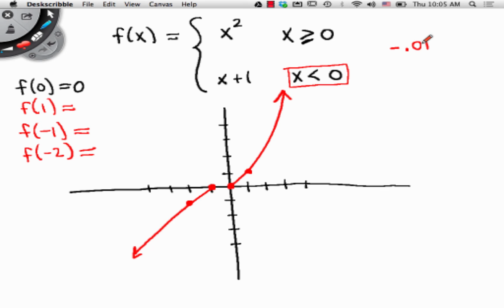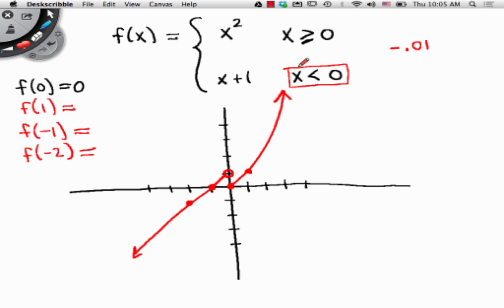It is. It's really close to 0, isn't it? So if I put negative 0.01 in this expression, what I'm going to get, Seth, is 0.99, which is really close to what? 1. So what's happening here is I have an open hole at the y value of 1 at the ordered pair 0, 1.